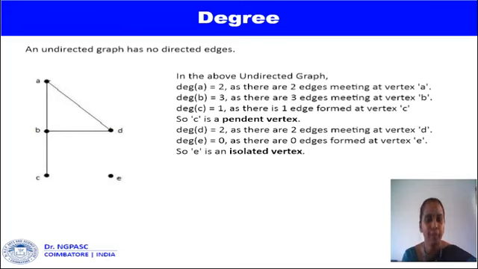If we take B, from B I can travel to A, D and C, no? So B has 3 degrees. If we take C, from C I can travel only to B. So C has only 1 degree. And if we take E, there are no edges to E. So E is an isolated vertex.